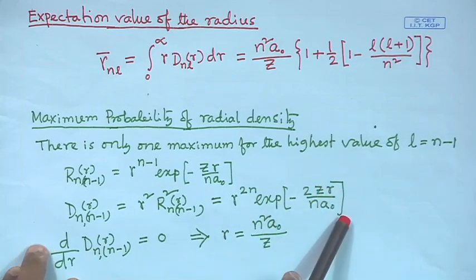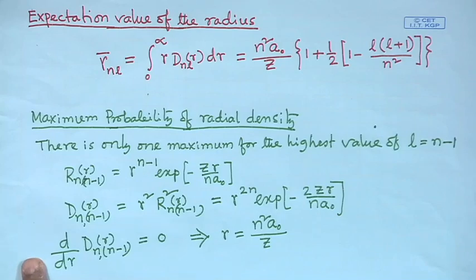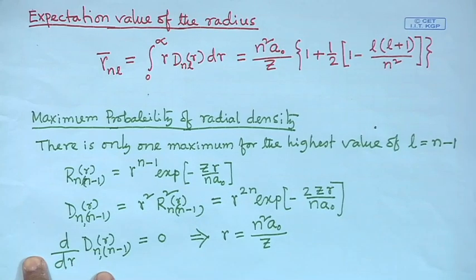Now, how do we find the maxima for a particular value of a parameter? In this case our parameter is r.